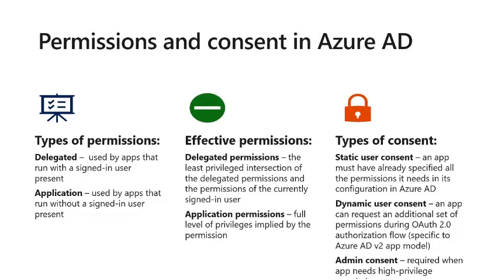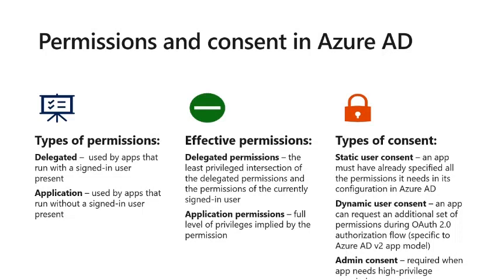Effective permissions, delegated permissions and application permissions. Delegated permissions: the least privileged intersection of the delegated permissions and the permissions of the currently signed-in user. Application permissions: the full level of privilege implied by the permission. And there are three types of consent.